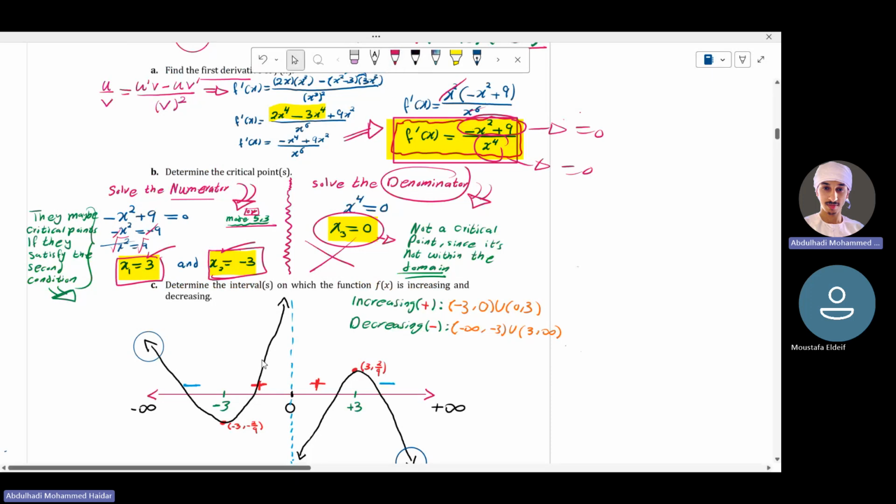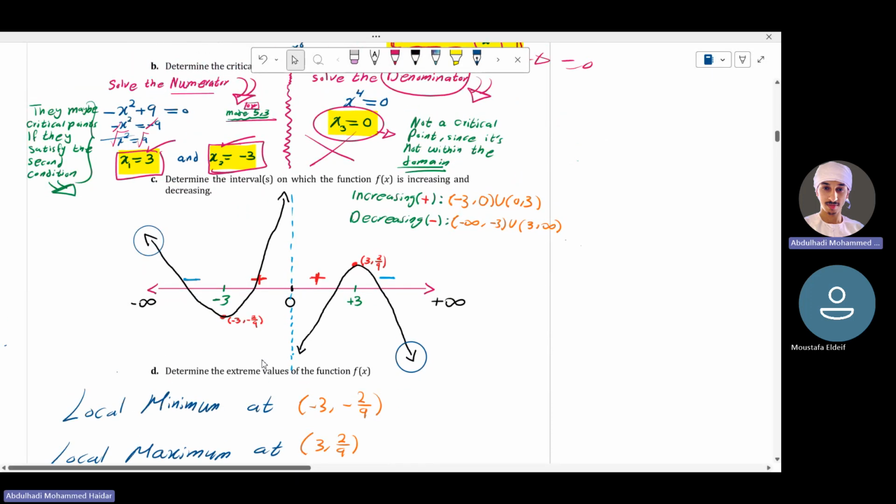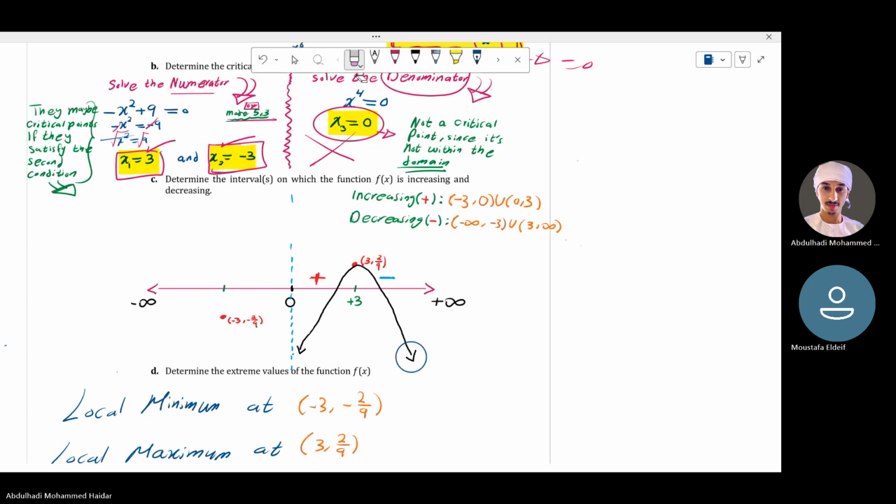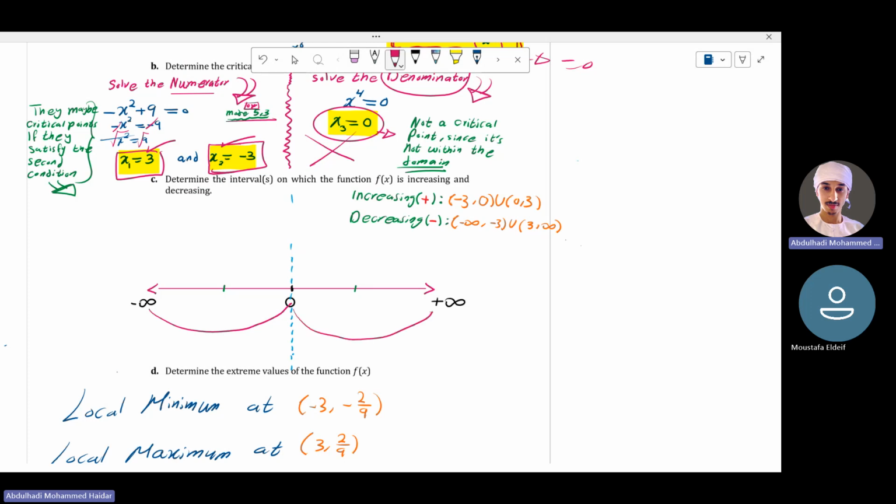How can we draw? To draw this, first you have to determine the intervals. If I remove everything, the first thing to determine is the domain, which is from minus infinity to 0, and then from 0 to positive infinity.